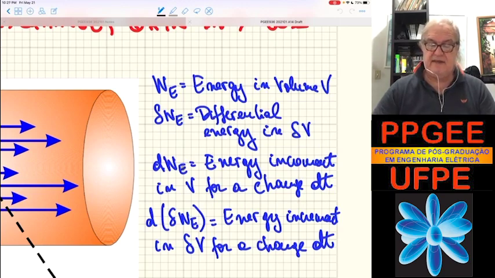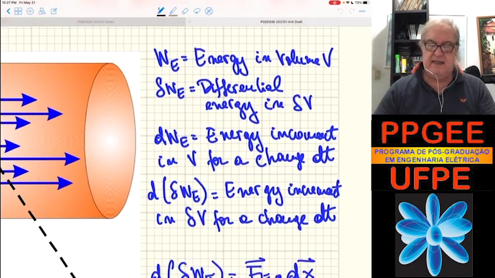At the same time, dWE, the energy increment in V, in the total volume, for a change dt, then we have that the differential in time of the energy in the volume, d of delta W, is the energy increment in delta V for a change dt.